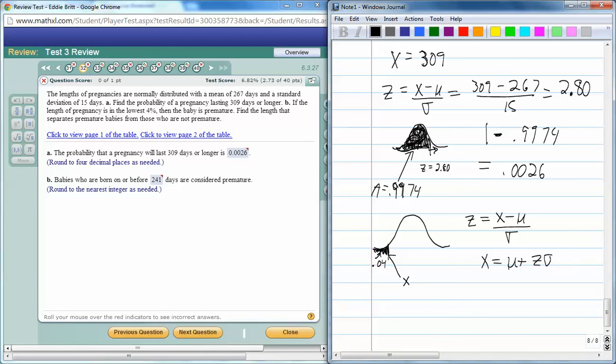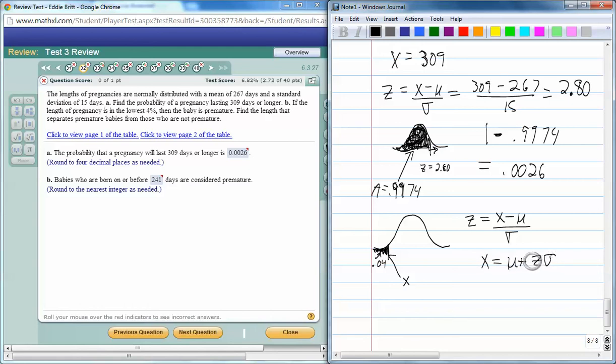What do we have and what do we need to find? We were given the average, or the mean. We were given the standard deviation. To find this x value, we need the mean, the standard deviation, and the z-score.